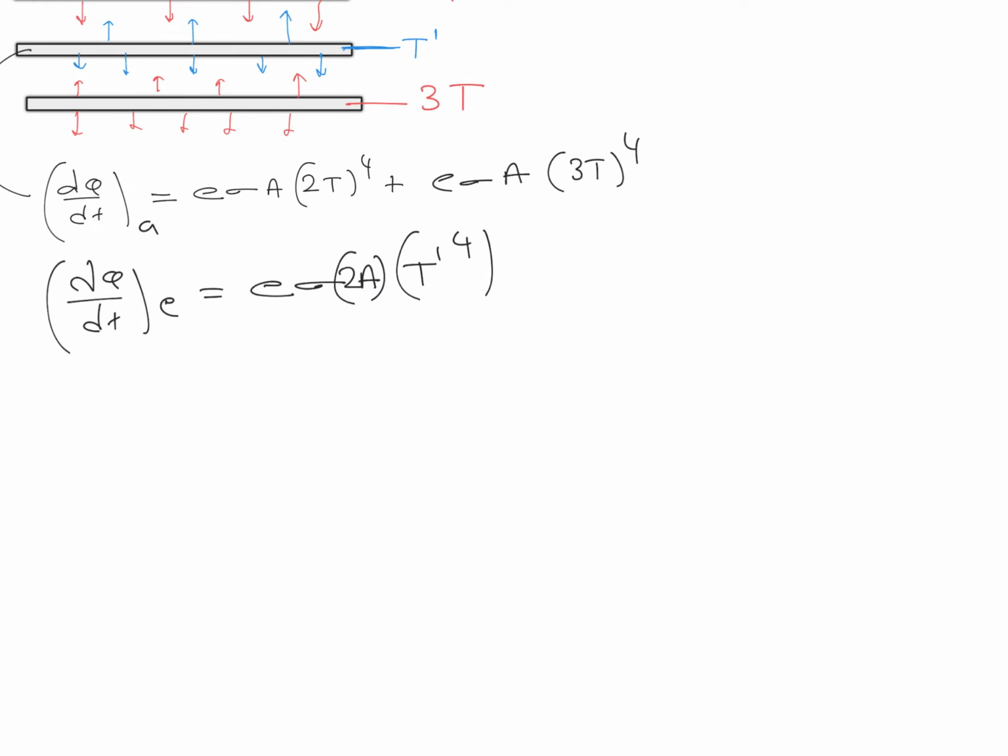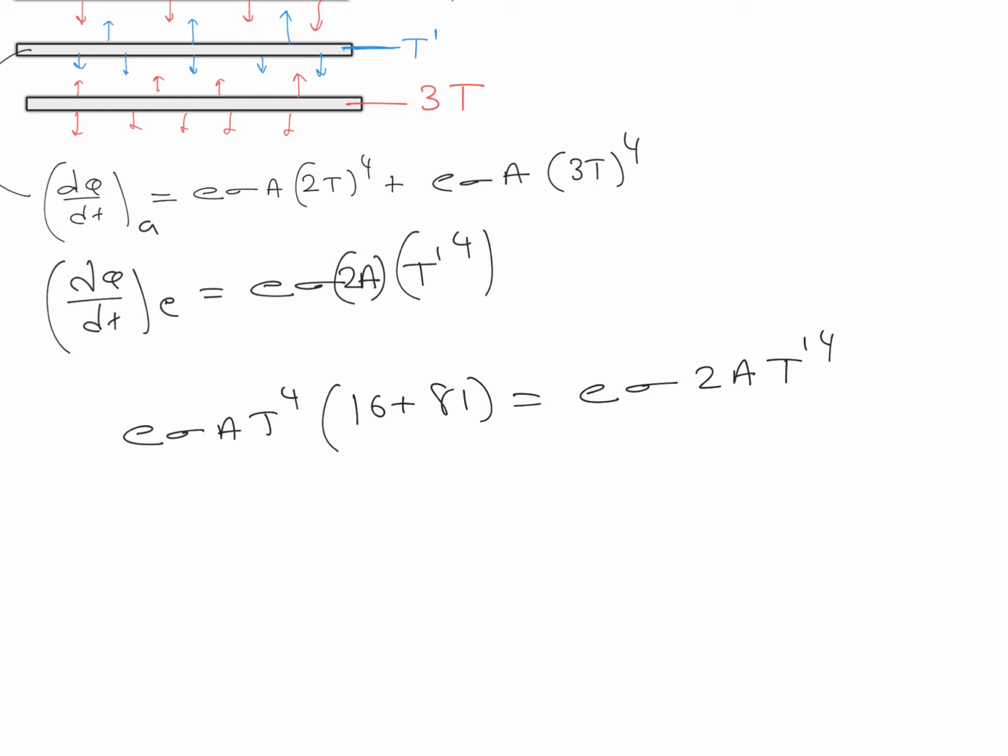Now as it is in thermal equilibrium, dQ by dt absorbed should be equal to dQ by dt emitted. So we can write E sigma A into T raised to 4, and 2 raised to 4 gives 16, and 3 raised to 4 is 81, equal to the energy emitted by this object, that is E sigma into 2A into T dash raised to 4.